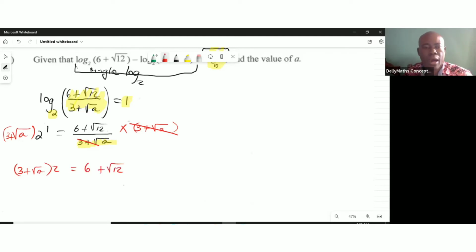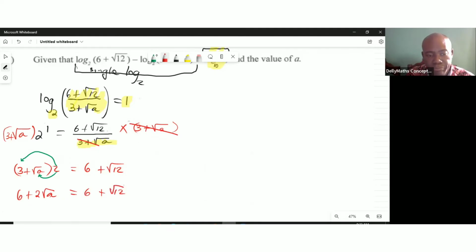So going forward, we want to get rid of the bracket, so we're going to distribute the 2 inside here. In distributing the 2, 3 twos would give us 6 plus 2 root of a, and this is equal to 6 plus the root of 12.